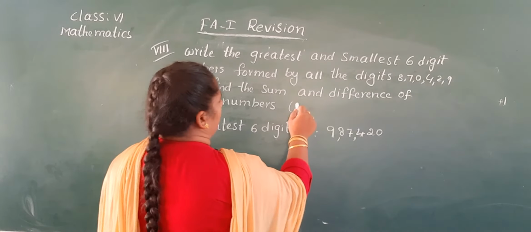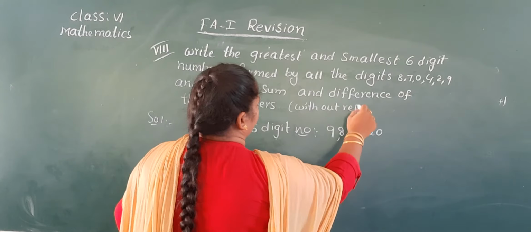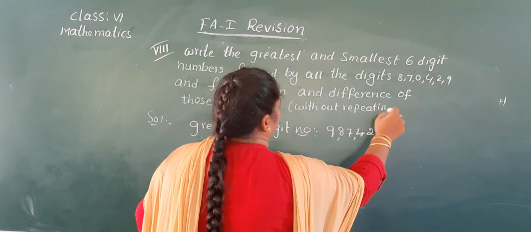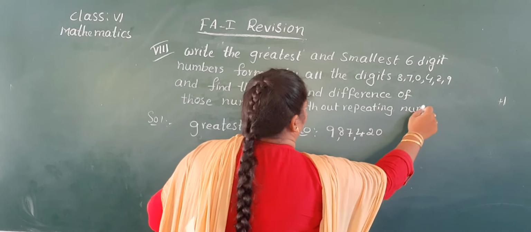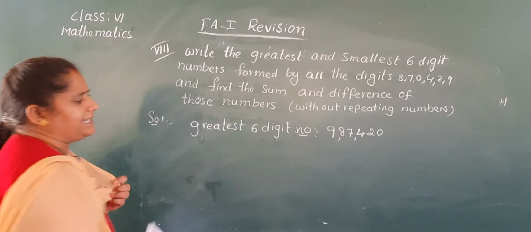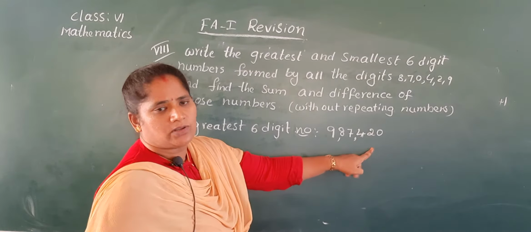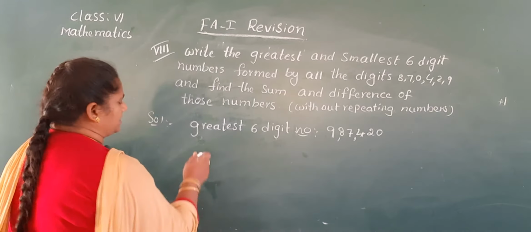So 9,87,420. In brackets we write "without repeating". So without repeating numbers, to form the greatest 6-digit number, write the digits from greatest to smallest.